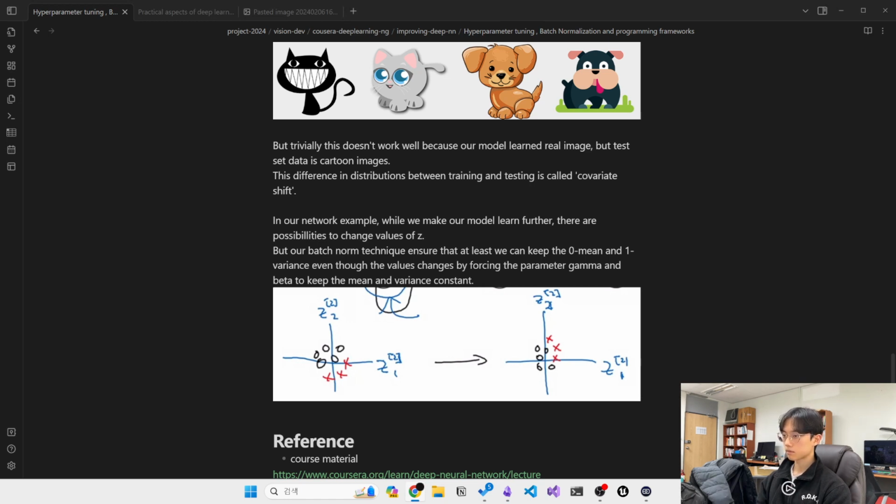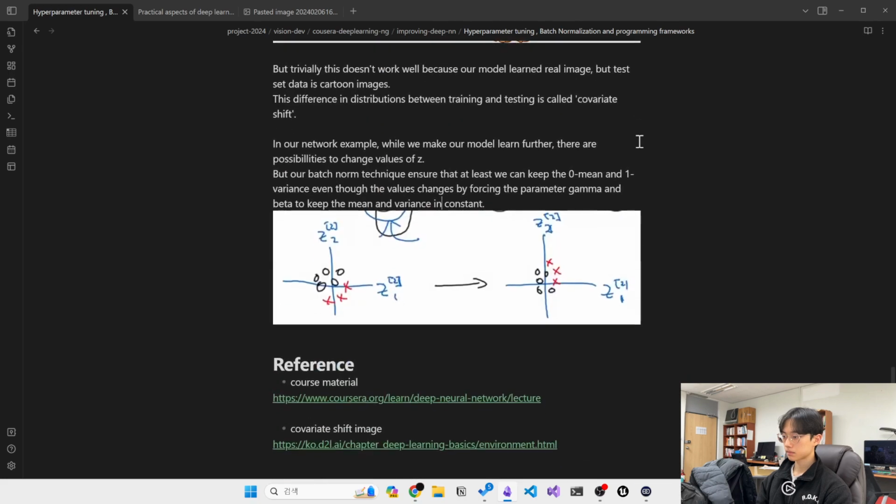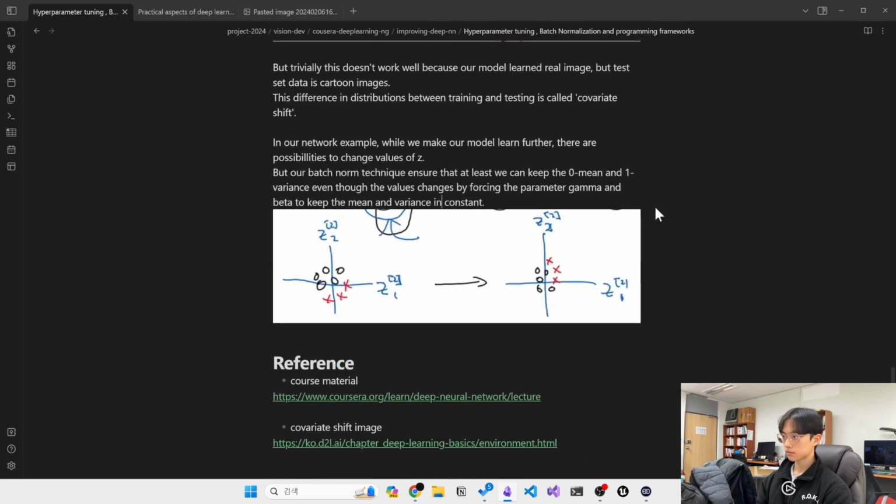And so batch norm reduces the problem of the input values changing. It really causes these values to become more stable so that the later layers of the neural network have more firm ground to stand on. And even though the input distribution changes a bit, it changes less.